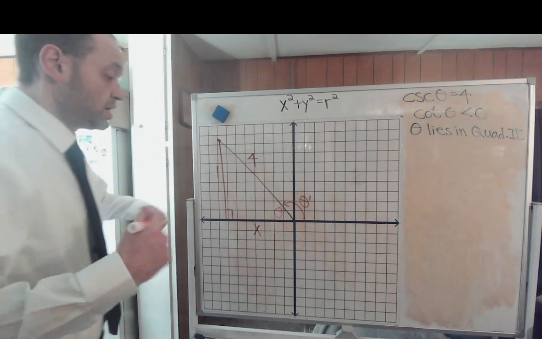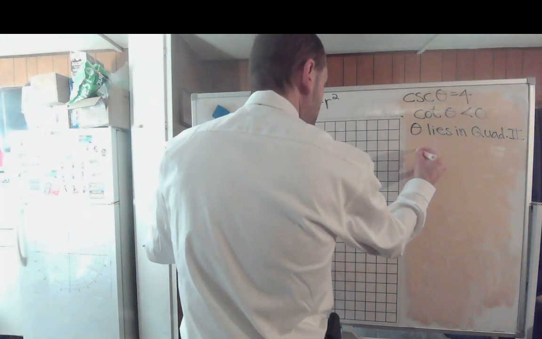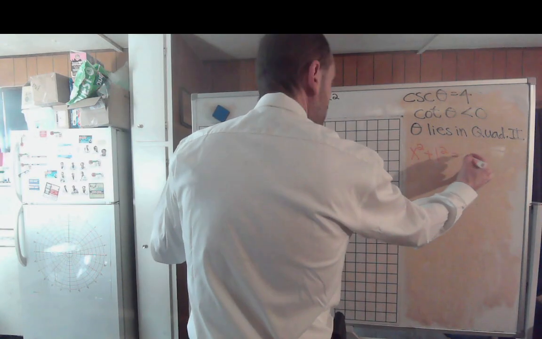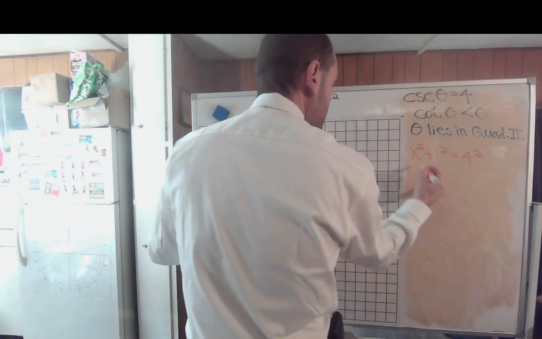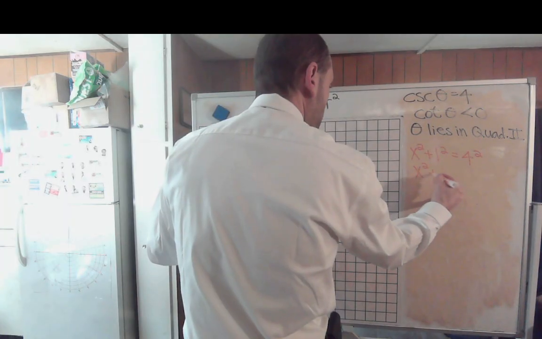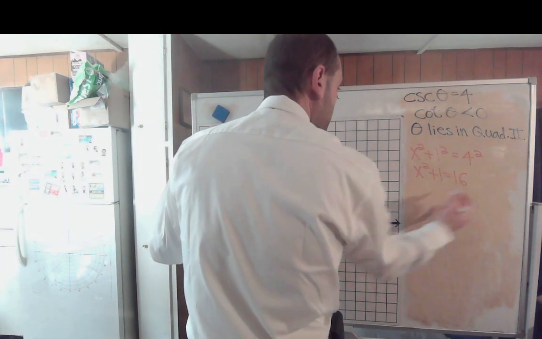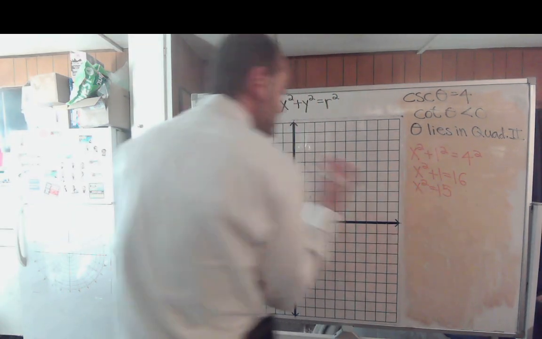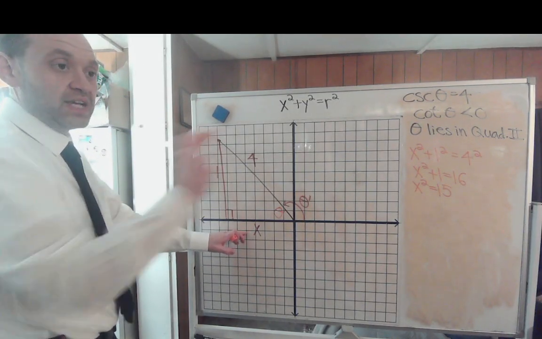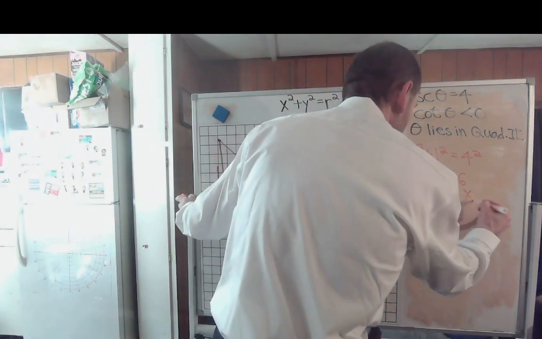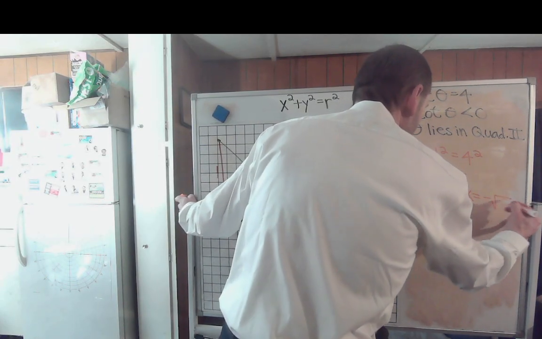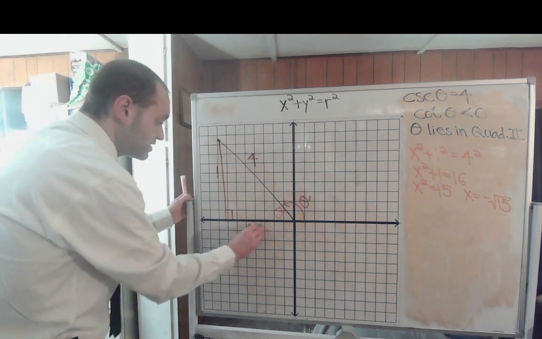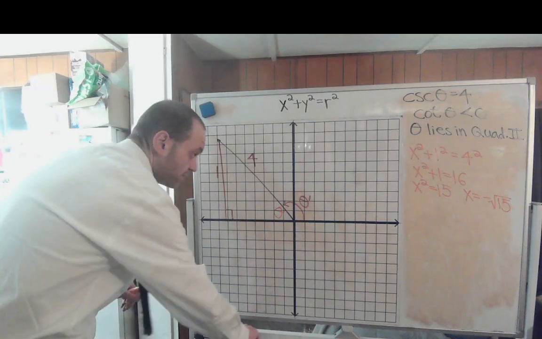So this is going to turn into x squared plus 1 squared equals 4 squared. So x squared plus 1 equals 16. That gives you that x squared equals 15. And since we're in the second quadrant, we have to take the negative square root of that. So x would equal negative the square root of 15. So there's our x value. It has a value of negative square root of 15.